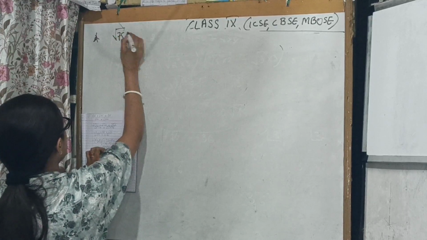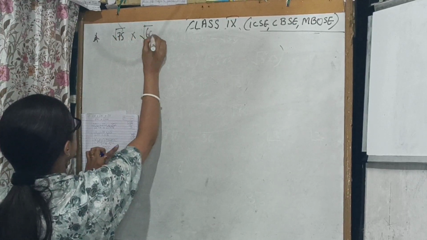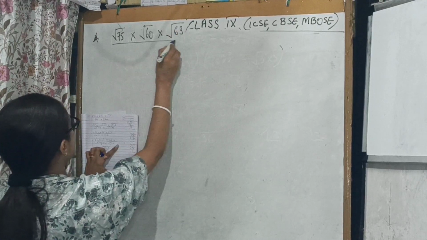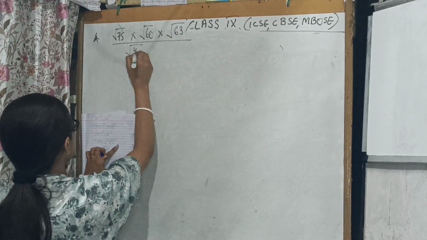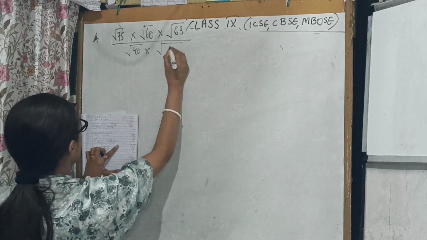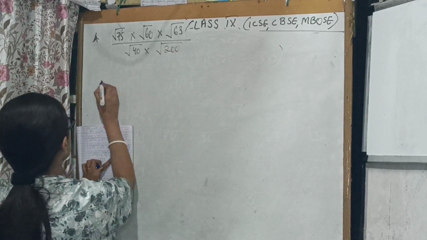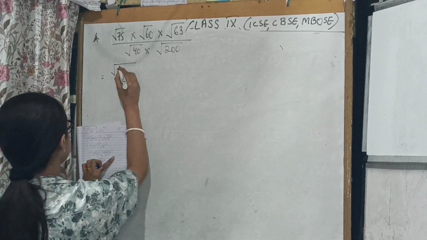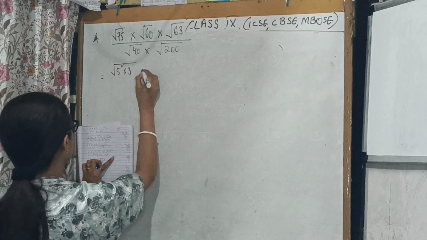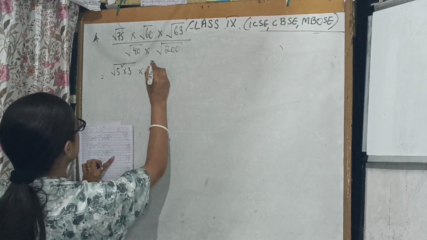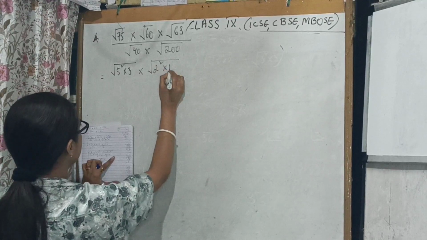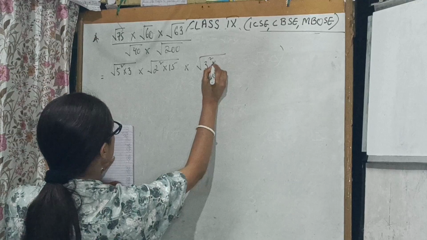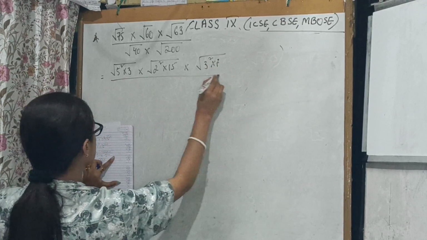Square root of 75 into square root of 60 into square root of 63 divided by square root of 40 into square root of 200. So this is 5 square into 3 into 2 square into 15 into 3 square into 7 after taking factors.